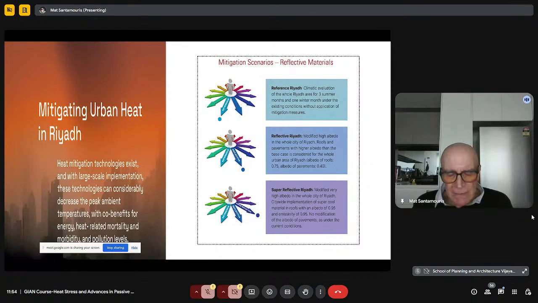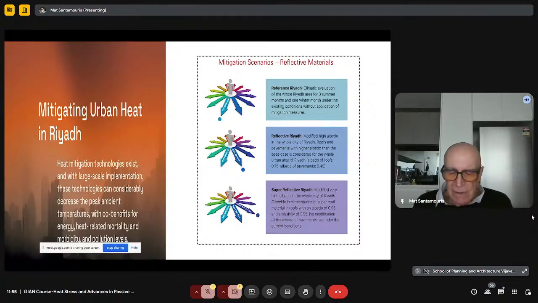So these supercool materials, apart from the very high reflectance they present, have another benefit: they emit only at the specific wavelengths of the atmospheric window. So they dissipate all the excess heat directly to space. We send the excess heat of the materials, of the city, if you like, directly to space.